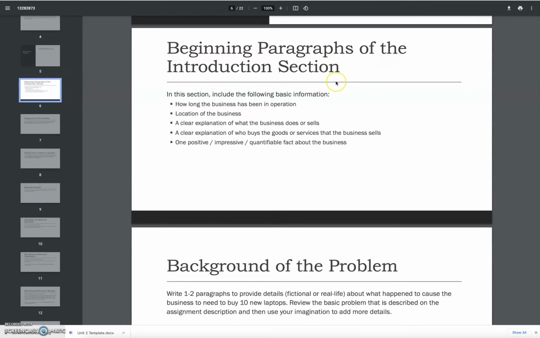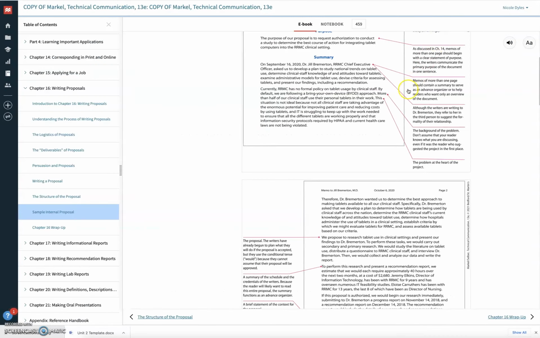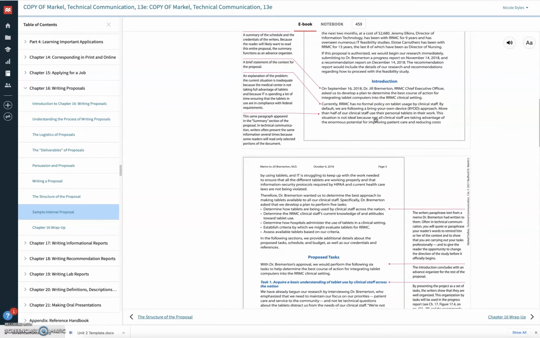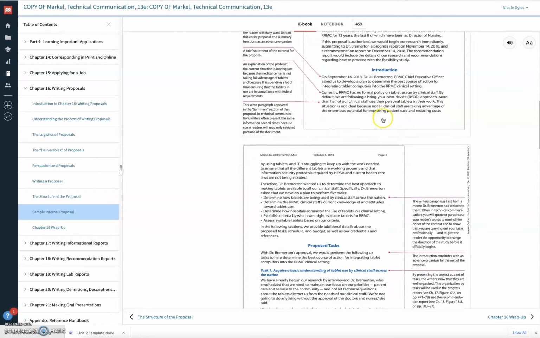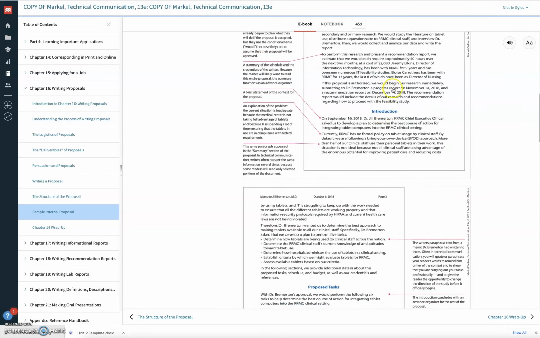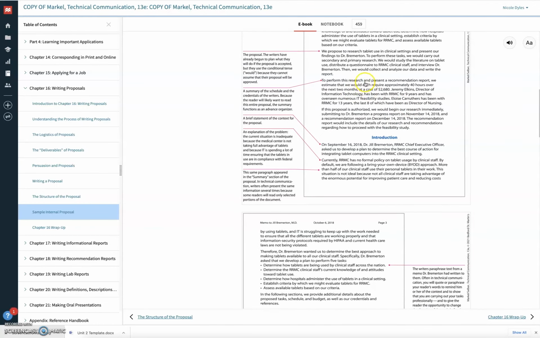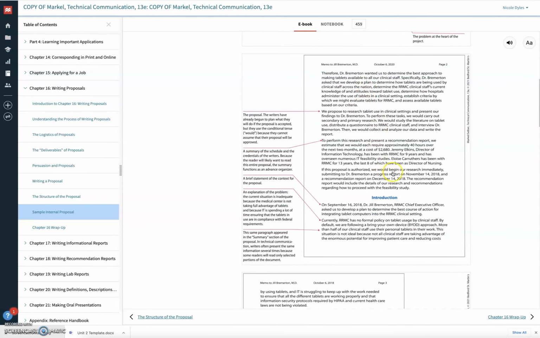the beginning paragraphs of the introduction section should give just basic information about the business. Looking in the textbook, you can see that there's just some basic information about the business. In the textbook, they kind of include it at the end of the summary.